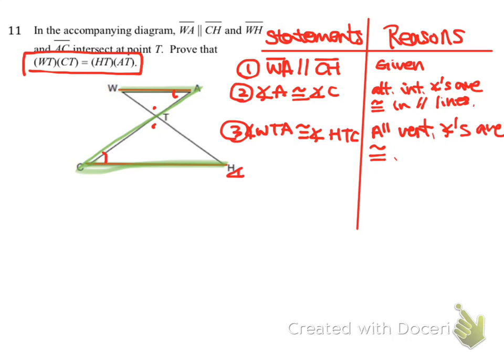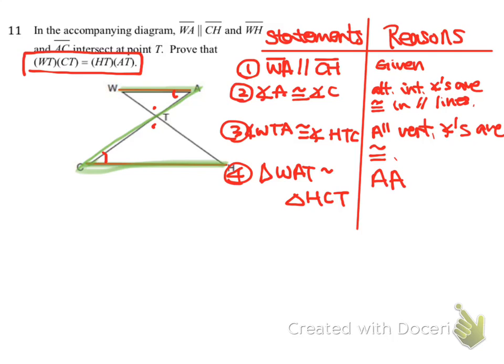Alright, step number 4. Therefore, since we set up two pairs, triangle WAT is similar to triangle HCT by AA. Now, but we're not done yet, because what we want to do is this.